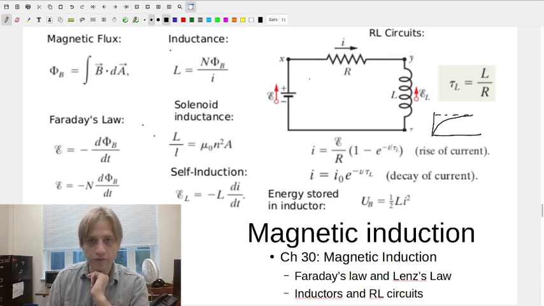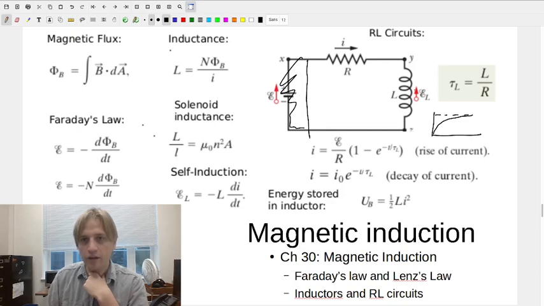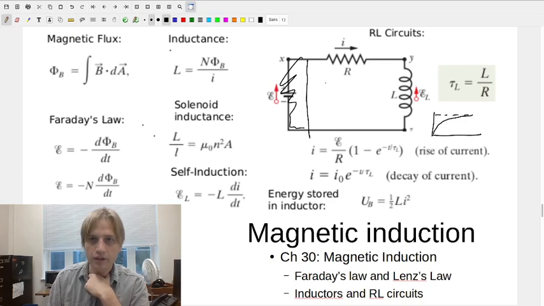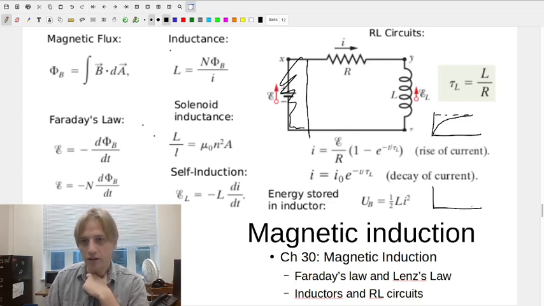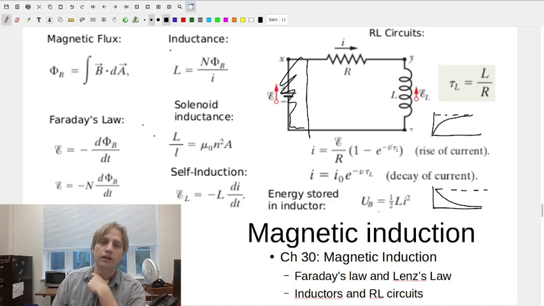However, then if you short-circuited this, took out the battery, at that point this would be holding on to some magnetic energy, and it would want to keep the current going in the same direction, and the current then would not immediately die off, but it would decay. And so we came up with an expression for the energy stored in an inductor.